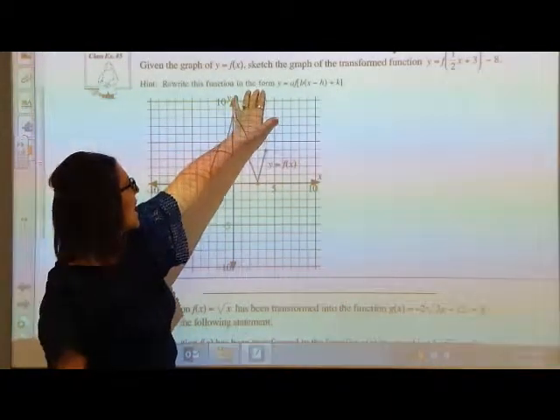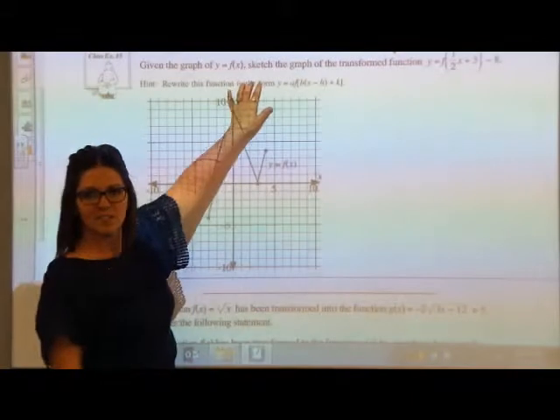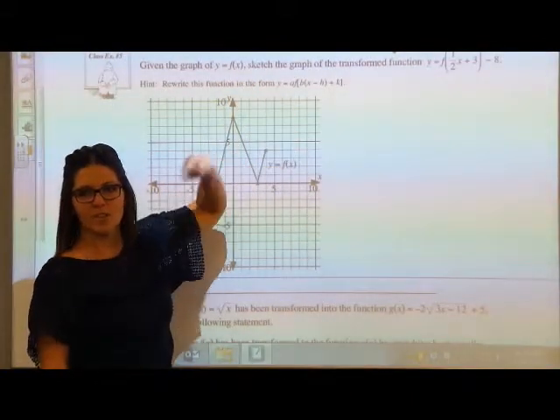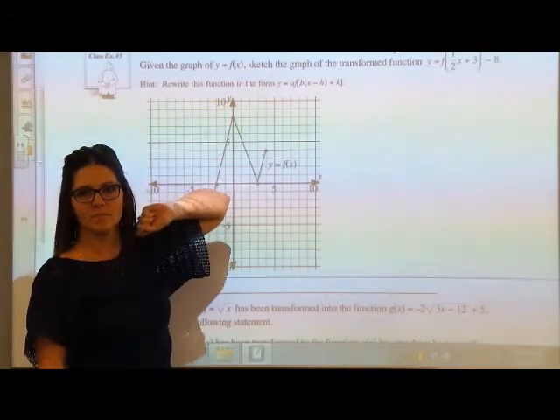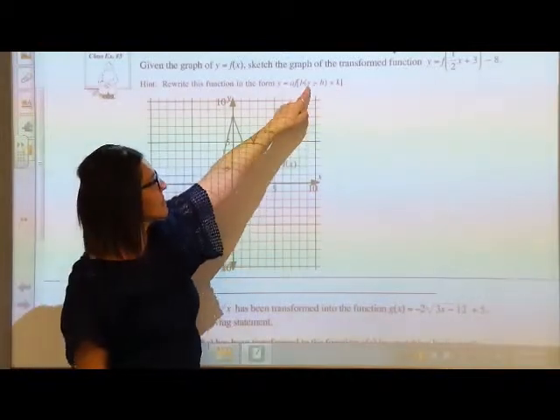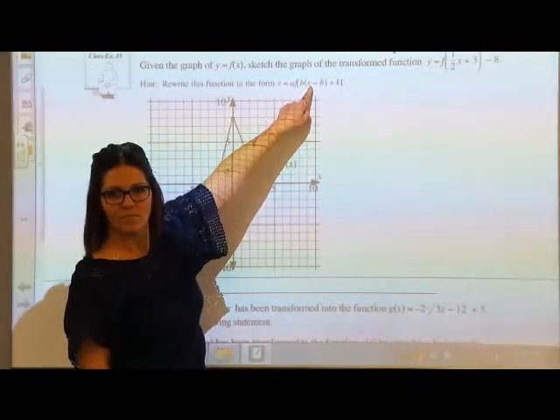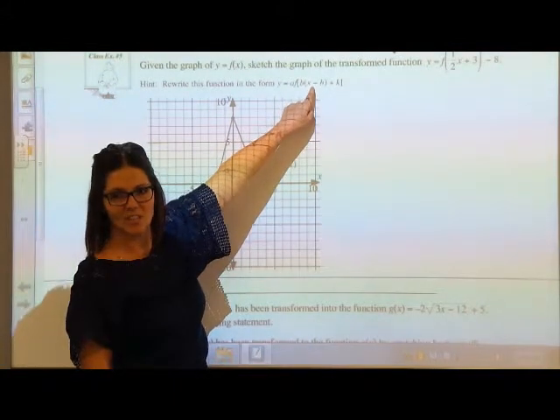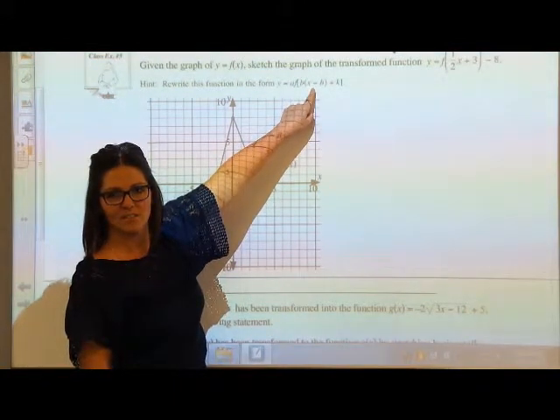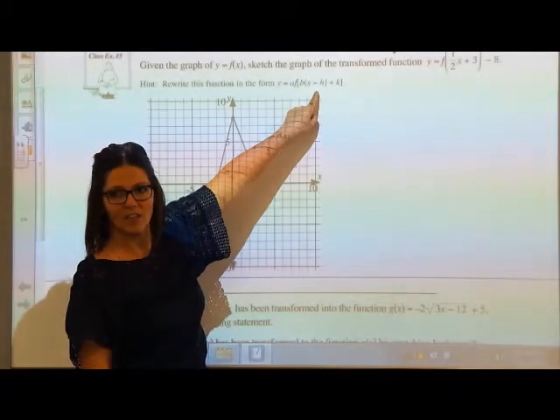If you look at the general form, what is the coefficient in front of x? Is it a b times x, or is it just x by itself? It's just x by itself.